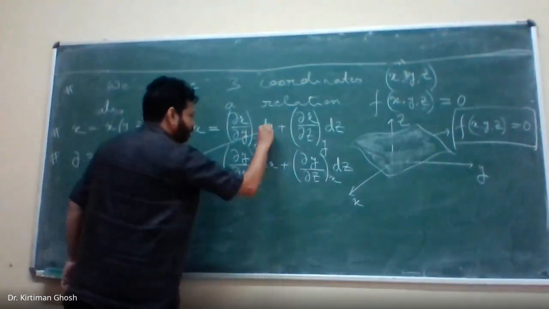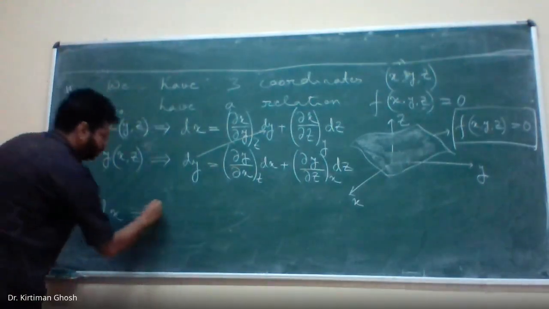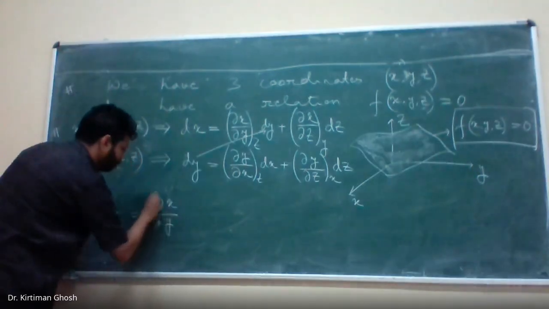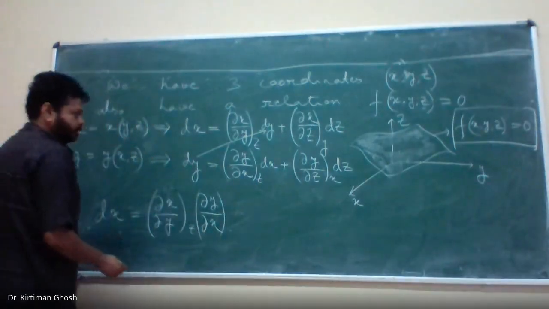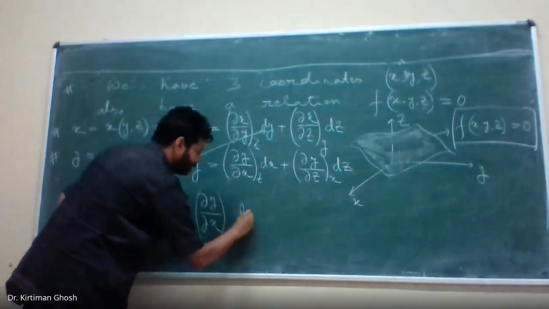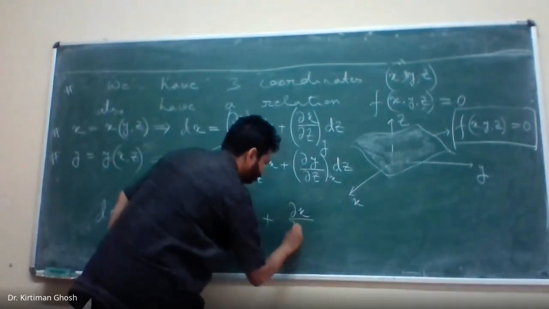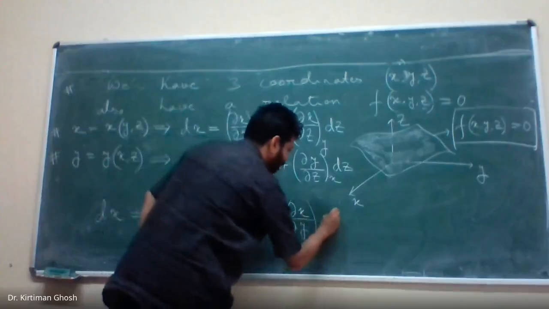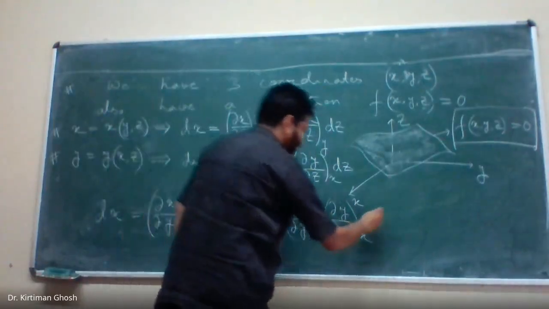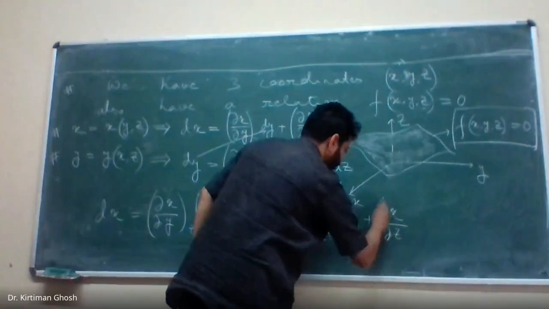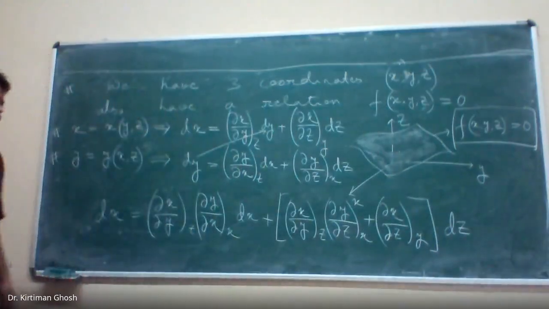If I put this dy from here to here, I will have dx is equal to del x by del y at constant z, del y by del x at constant z dx, plus this times this, so del x by del y at constant z, del y by del z at constant x, plus this quantity del x by del z at constant y, dz. So I obtain an equation of this form.